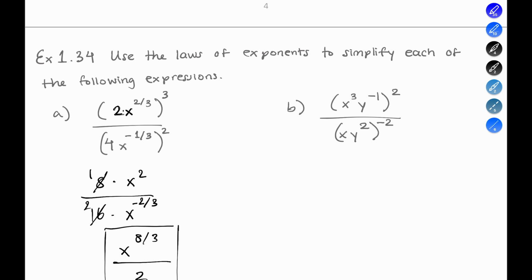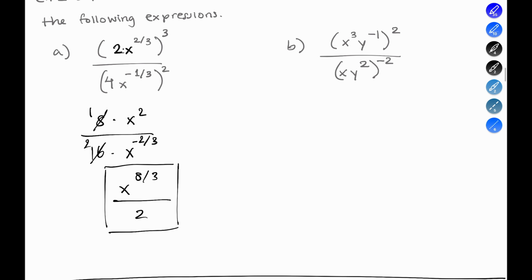So part B reads x cubed times y to the power of negative 1, all to the power of 2, all over x times y to the power of 2, all to the power of negative 2. So again, let's distribute the 2 in the numerator.